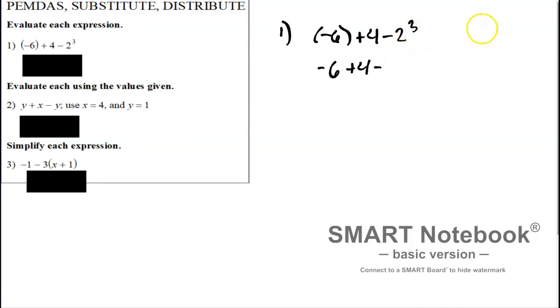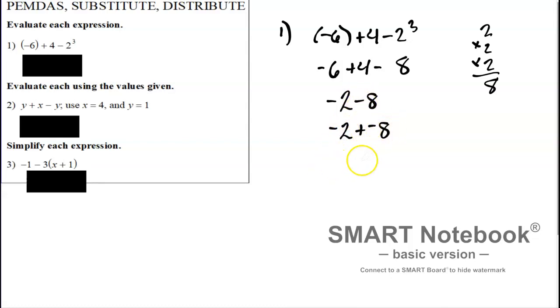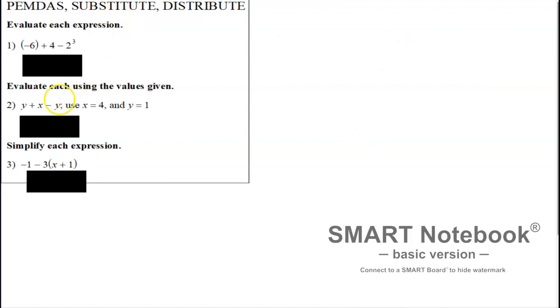Two times 2 is 8. Then PEMDAS says add. Then PEMDAS says subtract. Remember, subtraction is plus negative. Okay, so we get done. Okay, let's go to the next one.